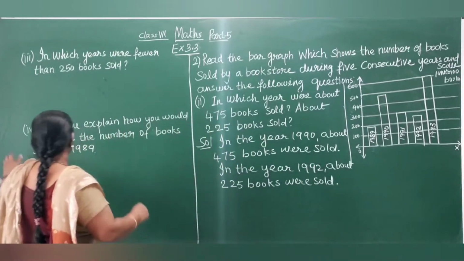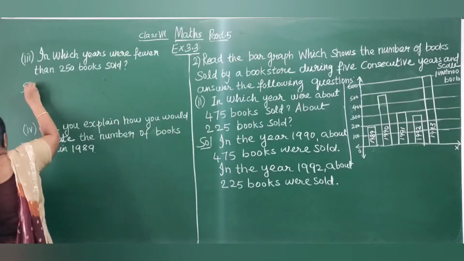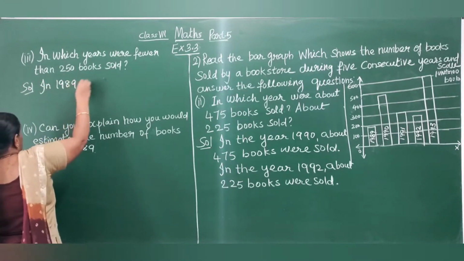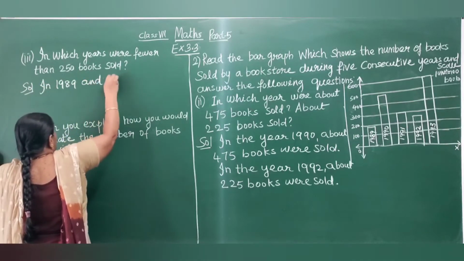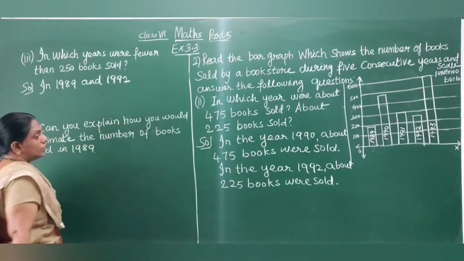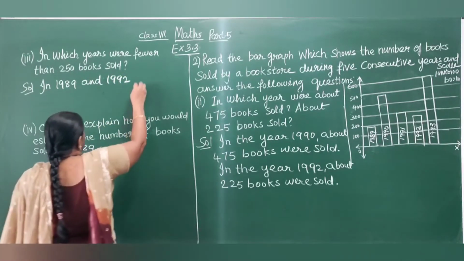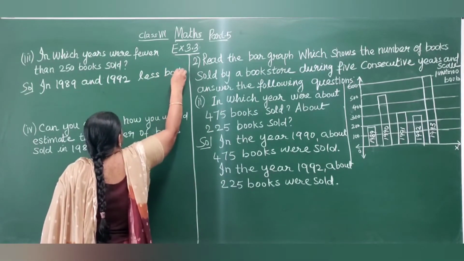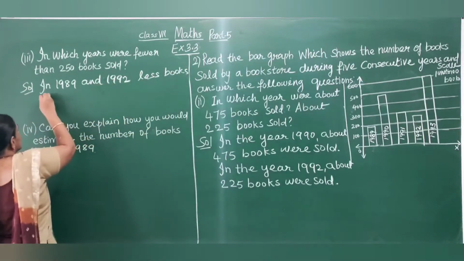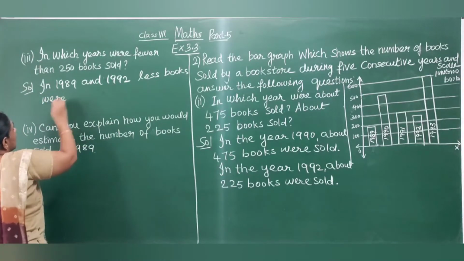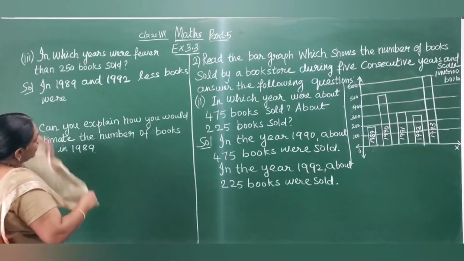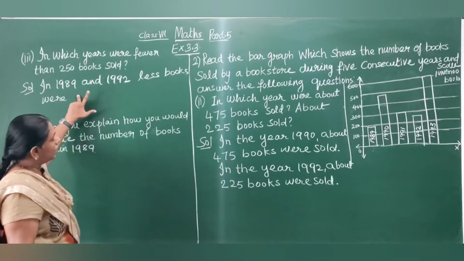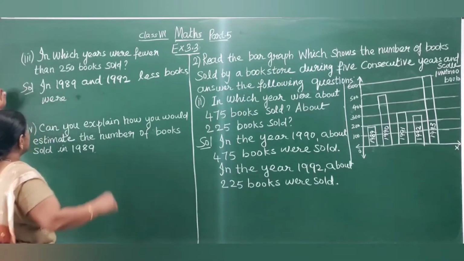So the answer is, in 1989 and 1992, fewer books were sold.